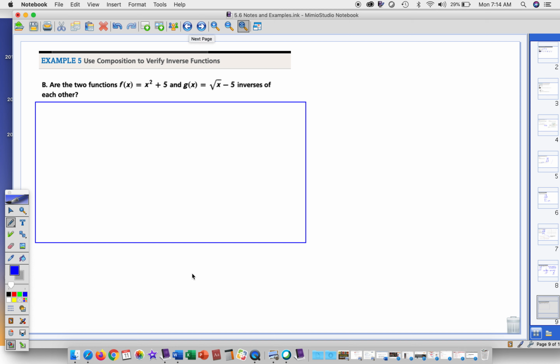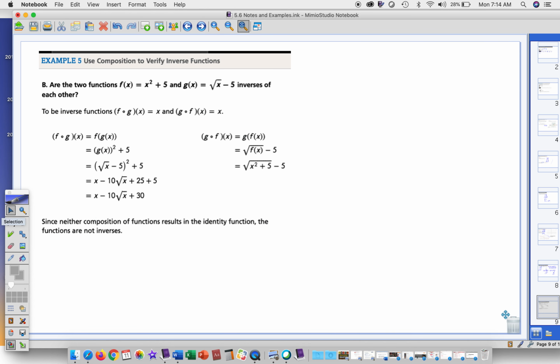Okay, so example 5: are the two functions x squared plus 5 and root x minus 5 inverses of each other? If we look at f of g, we're plugging root x minus 5 into x squared plus 5. So that's what this looks like.